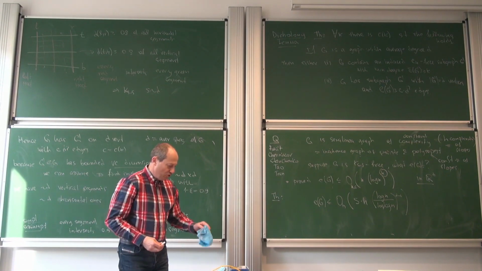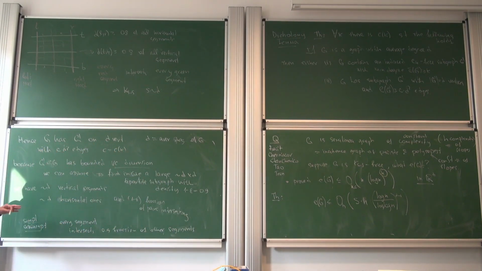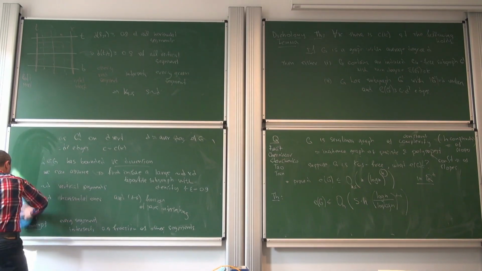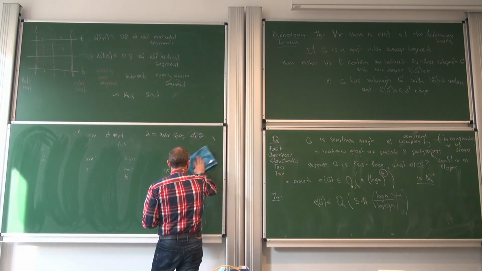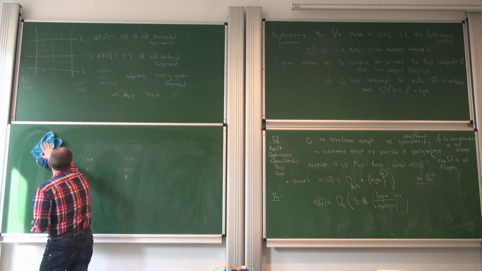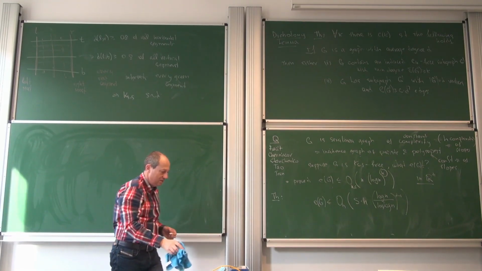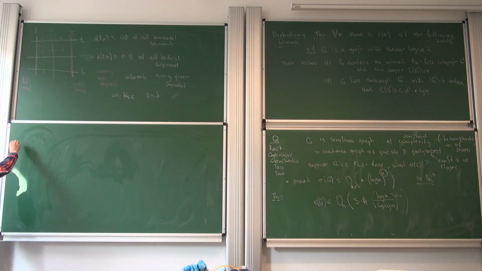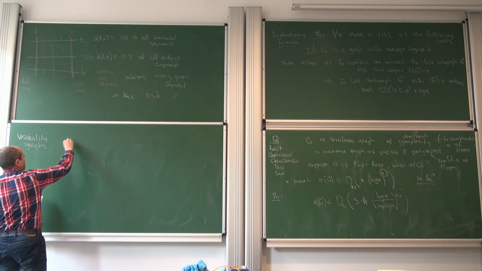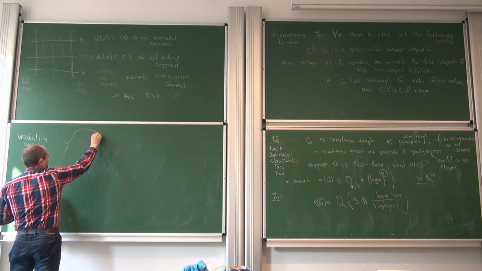But maybe I want to mention some which are more visual ones. So let me now talk about visibility graphs. What are visibility graphs? It's again some graphs which people were interested in. So you have some closed, non-intersecting curve, say a Jordan curve.